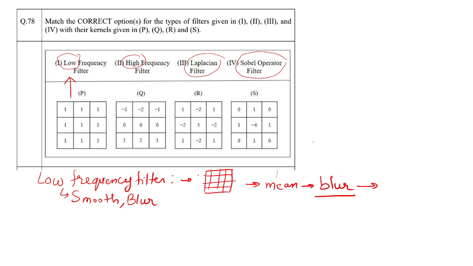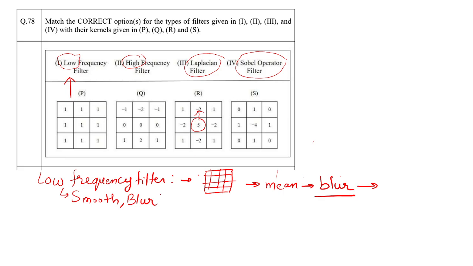Then for high frequency, how fast it changes in space. You will see in this 4, how fast it changes is in this only. Here 5 is there, so it will enhance one particular feature.